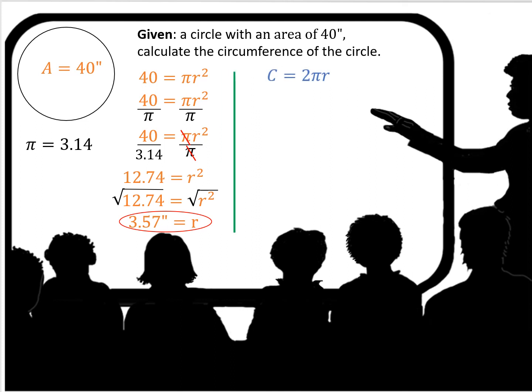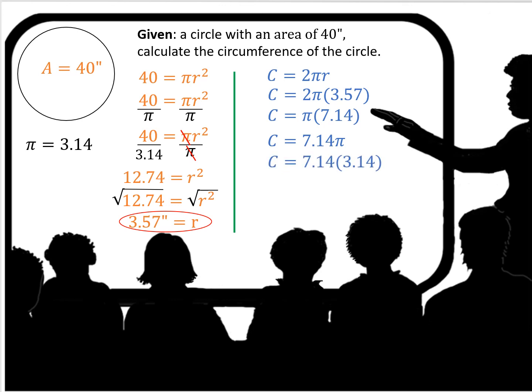Now we're going to plug in 3.57 for the radius into our circumference formula. We're going to do the multiplication. We're going to substitute 3.14 for pi. We multiply together and we get 22.42 inches is our circumference.